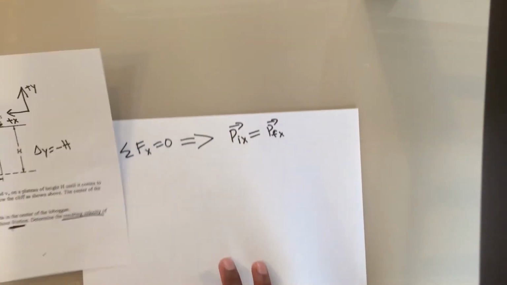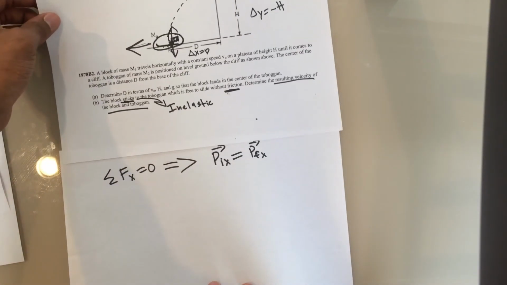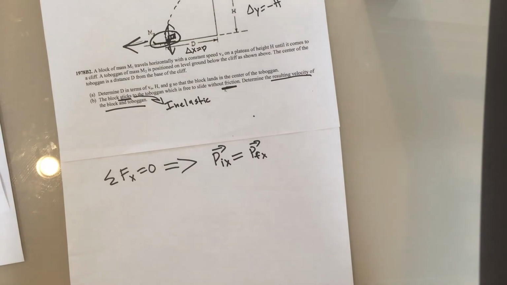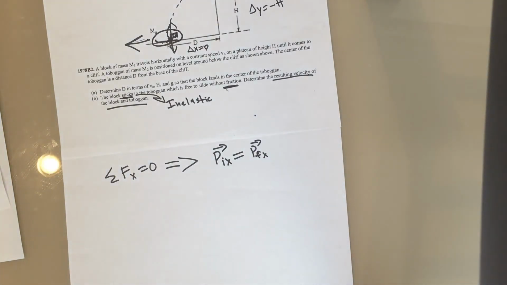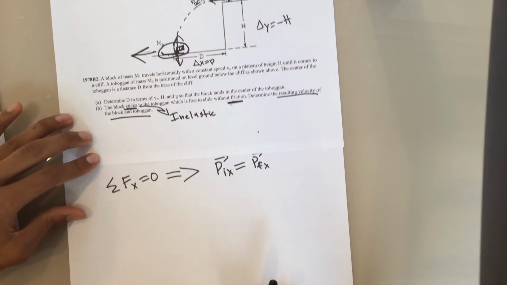So the net force in the x direction is 0, and thus we can conserve our momentum in the x direction. The initial momentum in the x direction will be equal to the final momentum in the x direction as well. Now that we have our equation set up, we can go ahead and solve this.